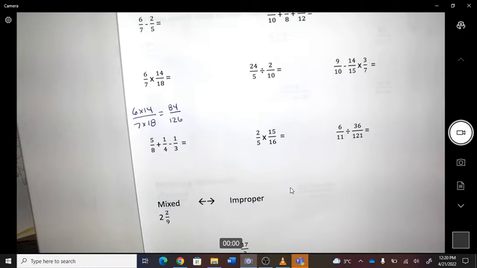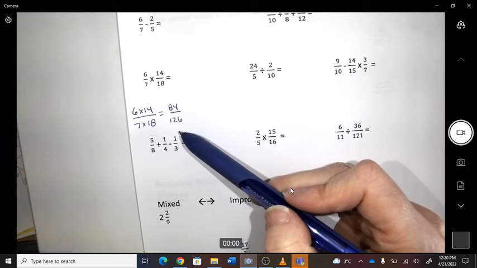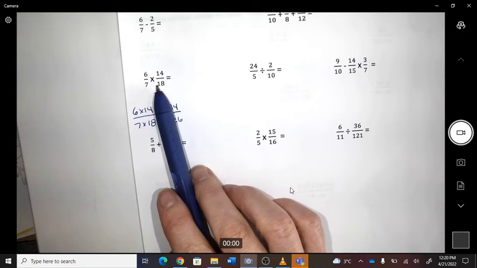That's how fractions work. You could do that. But if I'm asking you to reduce it, you could start trying to reduce this, but I'm going to actually do something easier. I'm going to reduce before.